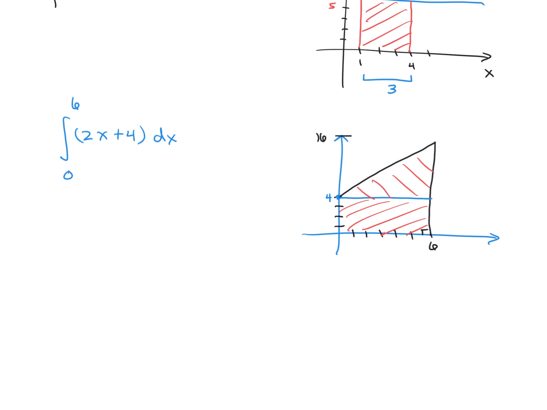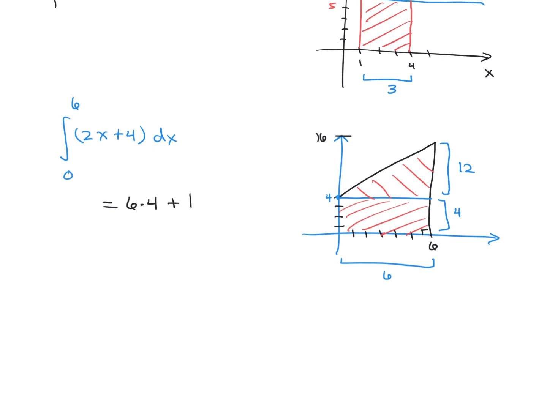And so we have a width that we know is 6. And then we have this one, which is 4. And then we have the other one, which if we do a little bit of subtraction, we find out is equal to 12 units. So we're going to think of this as the rectangle plus the triangle. So we're going to have, first of all, the rectangular portion, which is 6 by 4, or 6 times 4.